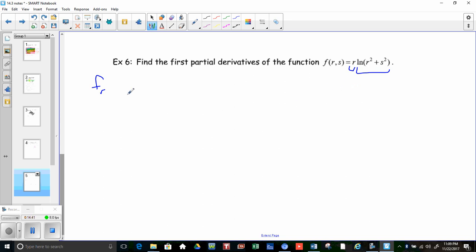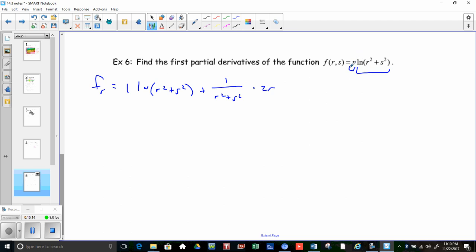So it looks like the derivative of the first, which is 1, times the second, natural log of r squared plus s squared, plus the derivative of the second. Remember the derivative of a natural log is 1 over the argument times the derivative of the argument, but remember s is constant now, so it's just multiplied by 2r.